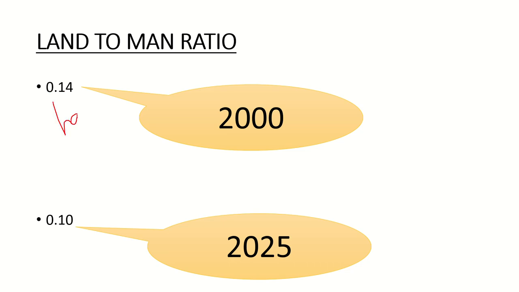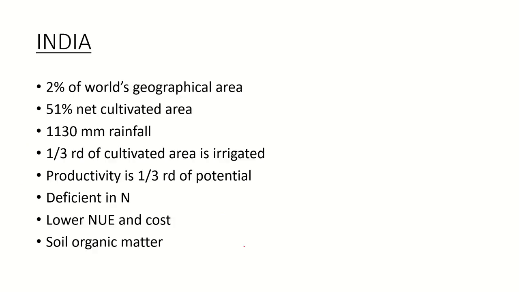So for one man, the land availability was 0.14 hectare in 2000, and it reduced to 0.10 in 2025. So we have lost land, and we have to extend the land to increase our agricultural production. This is a major problem that we are facing.